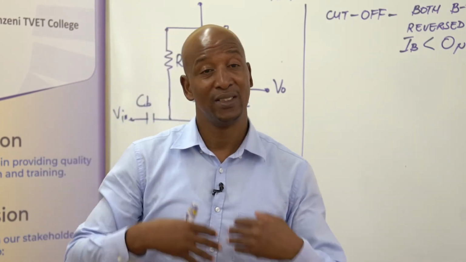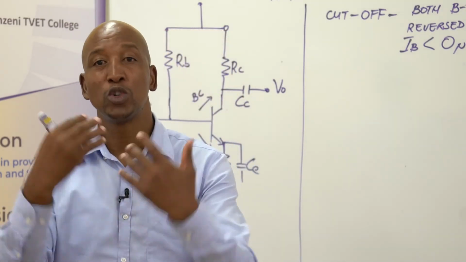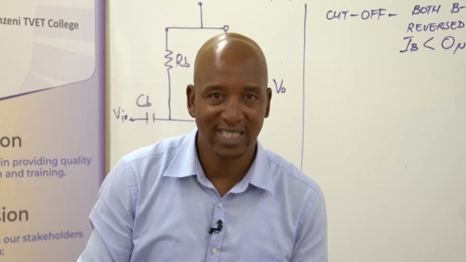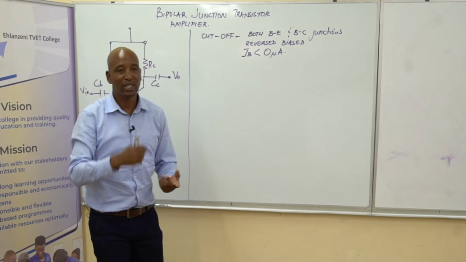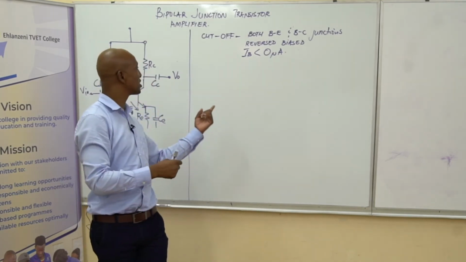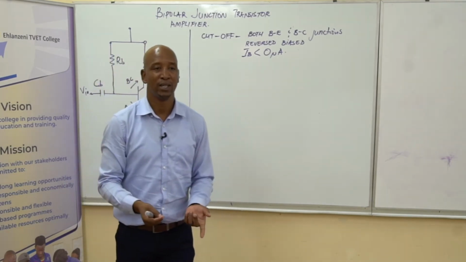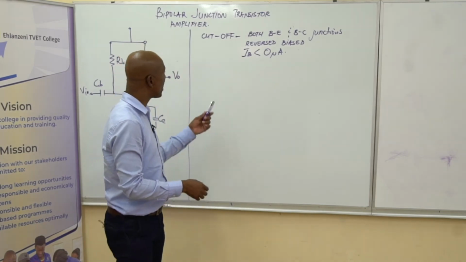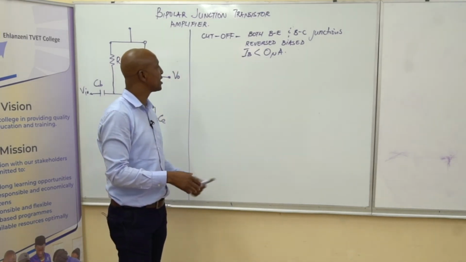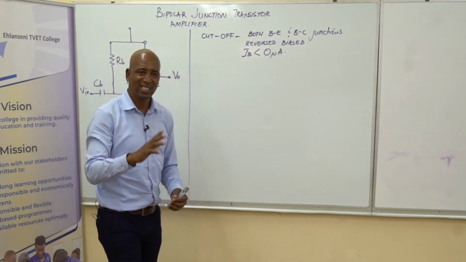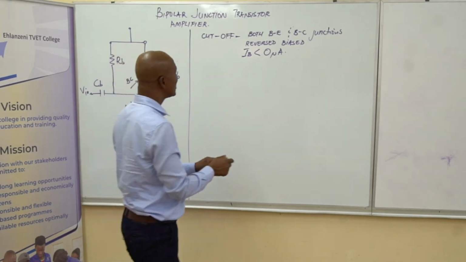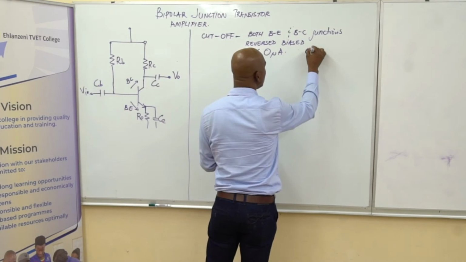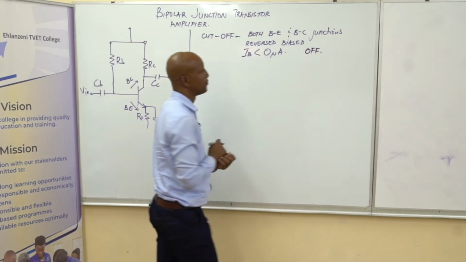We say the base is what we call the control electrode of transistors. So if you increase IB, the collector current will also increase with respect to the increase in IB. So if we say we can keep IB at below 0 microamps, that is to say the transistor in that region, the region 1, which is the cutoff, the transistor is said to be off. So it's in an off state.